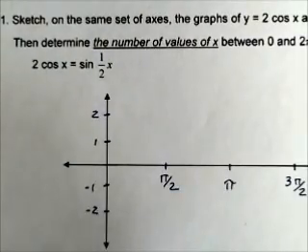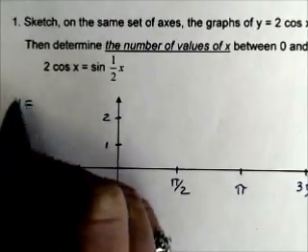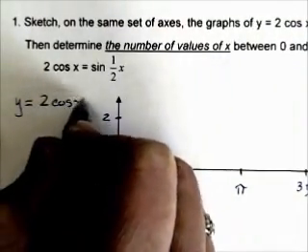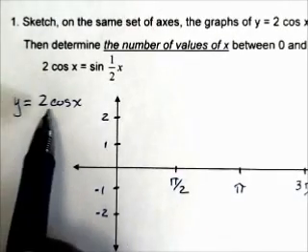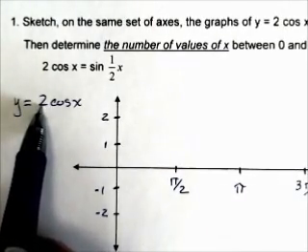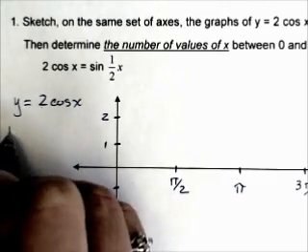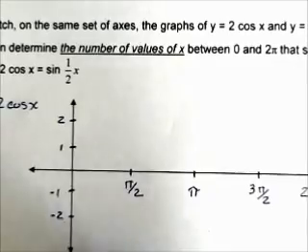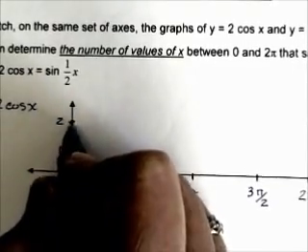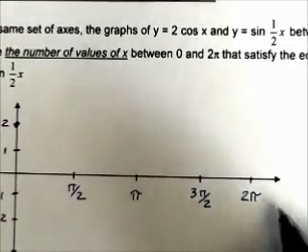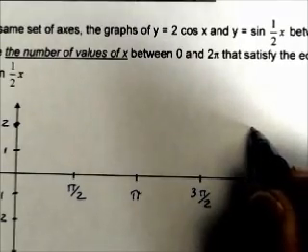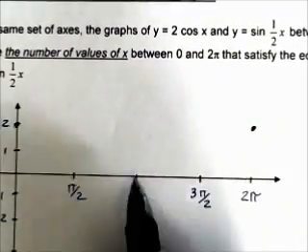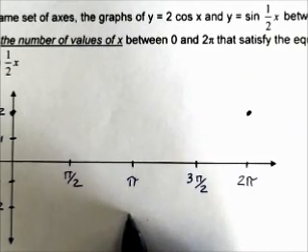Taking y equals 2 cosine x. All right. Cosine is going to start at 2. Our b value is 1. So that means we have one complete cosine curve from 0 to 2 pi. Cosine starts at its max, 2, and at 2 pi it will end at 2, midway between be at its min, -2.